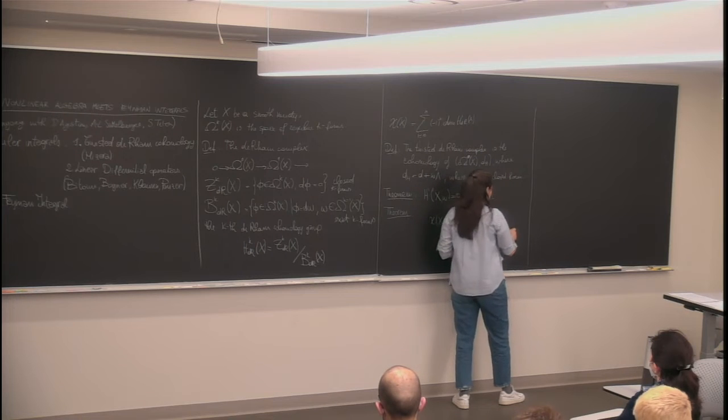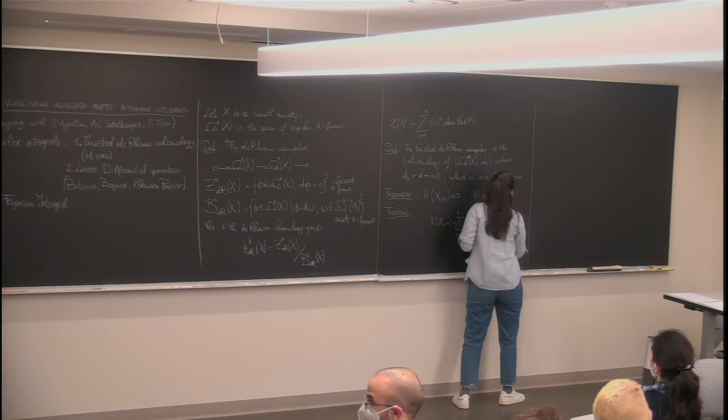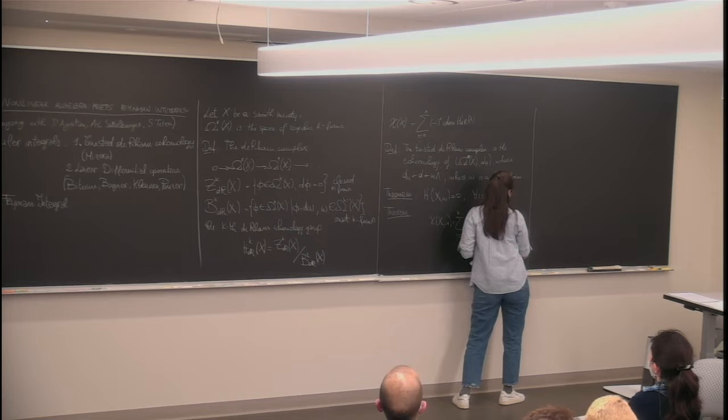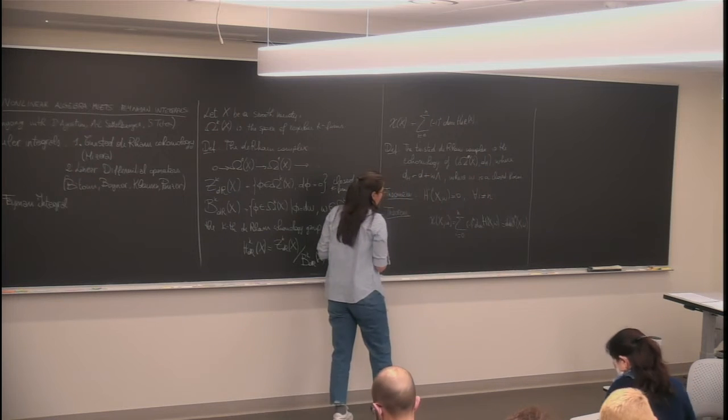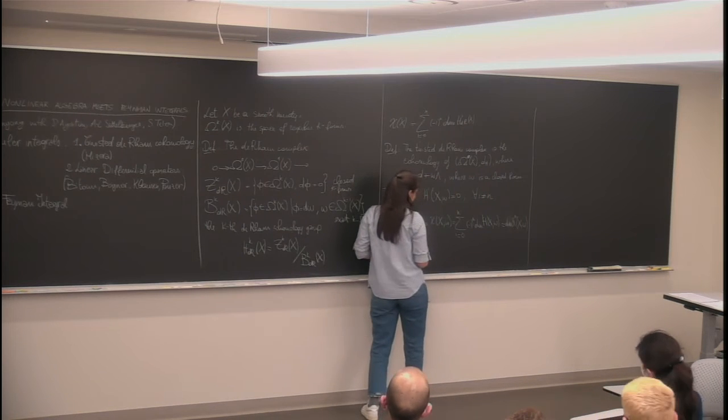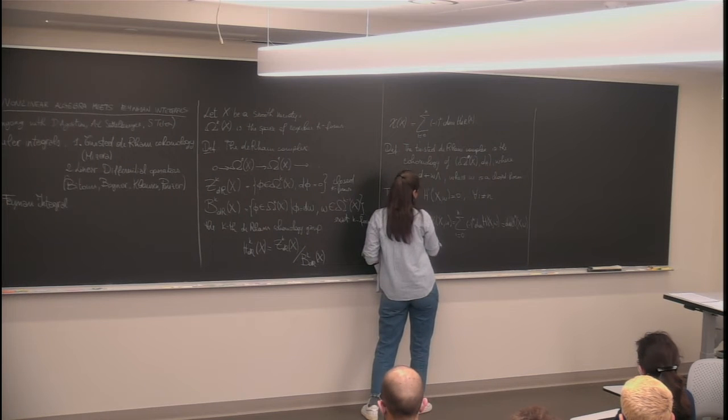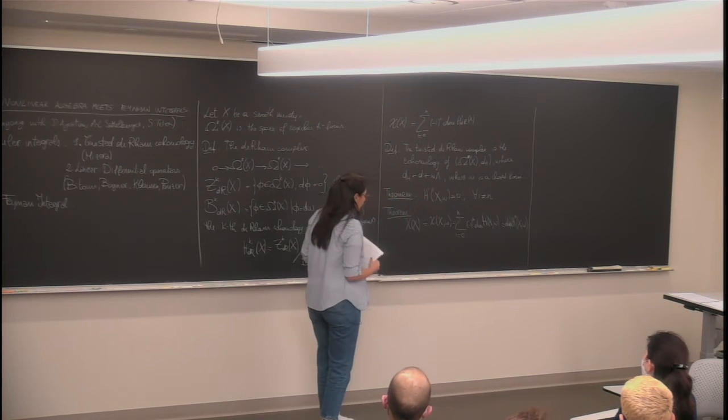Now, from the previous theorem, we are just left with the dimension of H^n(X, omega). And an important fact is that this twisted de Rham cohomology actually is the same as the classical de Rham cohomology.